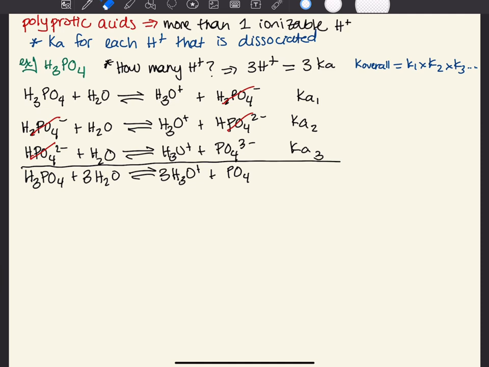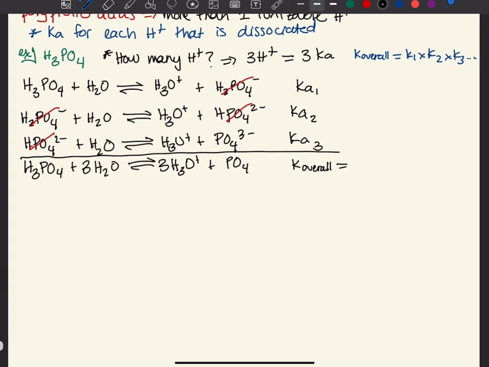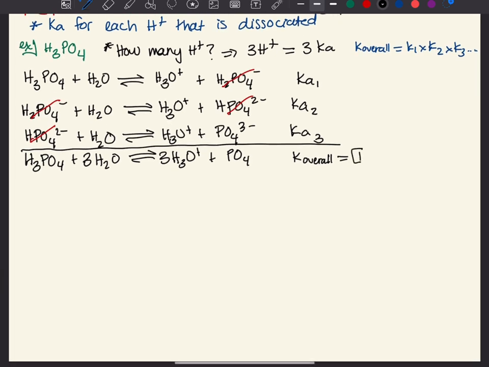And my K overall is going to be equal to the concentration of hydronium ion cubed times the concentration of phosphate, because those are my products, divided by the concentration of my reactants. And remember, we do not include water in our equilibrium expression.